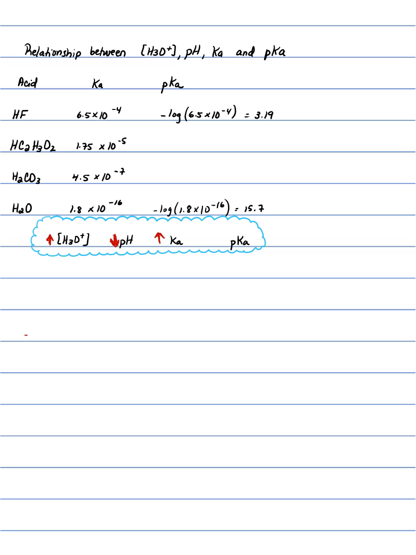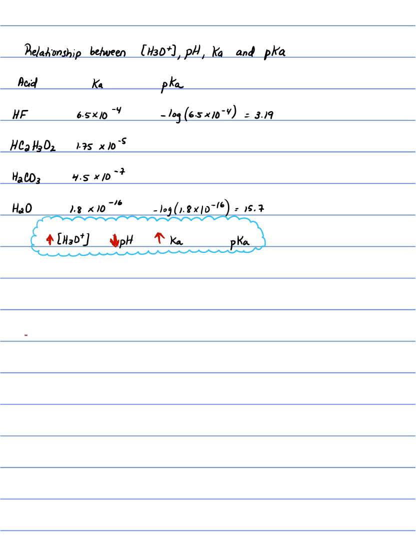So the Ka value is decreasing in your list, which means that in that list of acids, the weakest one is the last one with 10 to the minus 16. The lower the Ka value, the lower the concentration of hydronium in solution, the higher the pH. So out of your acids listed here, all of them are weak, but the weakest one is the one with the smallest value for Ka.